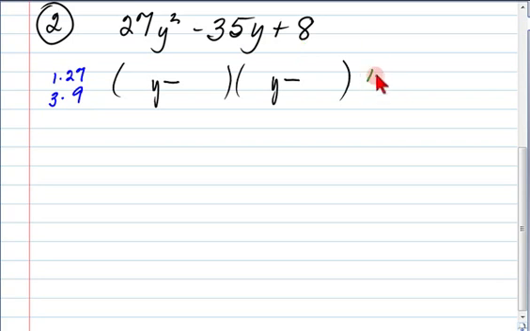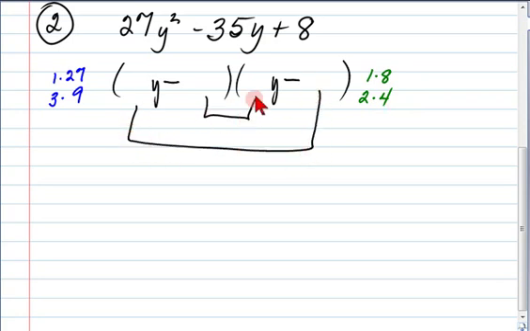Factors of 8. 1 times 8. 2 times 4. Not quite as many choices this time. Because they have the same sign, I'm going to be looking for a sum of 35. What would you like me to start with? 3 and 9. Okay, 3 and 9.